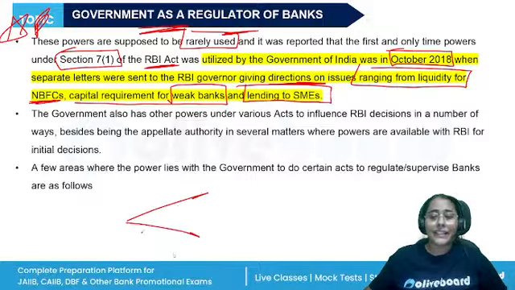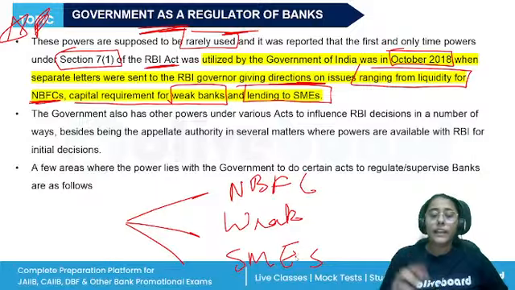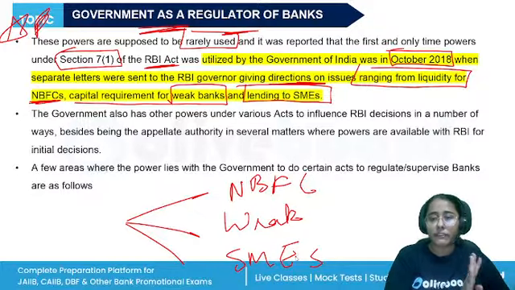So, three things: the financial health of NBFCs, the improvement and recovery of weak banks, and lending to SMEs. So, 3 points are here, right? You need to remember the section, when the power was used, and regarding what the directions were given.